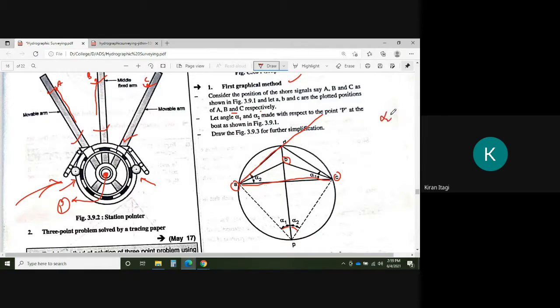Say alpha 2 equals 30 degrees; we will keep 30 degrees and draw a ray, that is AD. We don't know till where it intersects, so we will extend it.